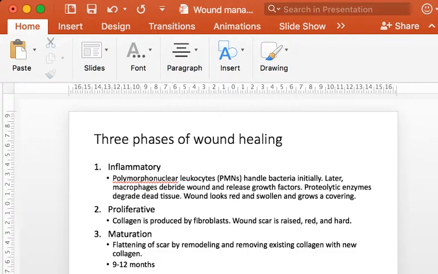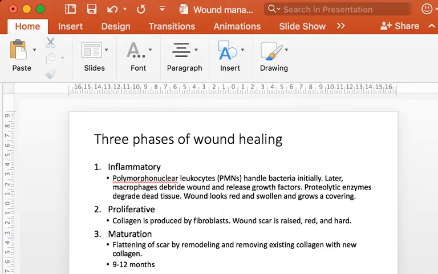Later, macrophages will debride the wound, so they'll eat away at the necrotic tissue and release growth factors. Later, proteolytic enzymes will degrade the dead tissue. The wound at this point appears red, swollen, and it will grow a soft covering.